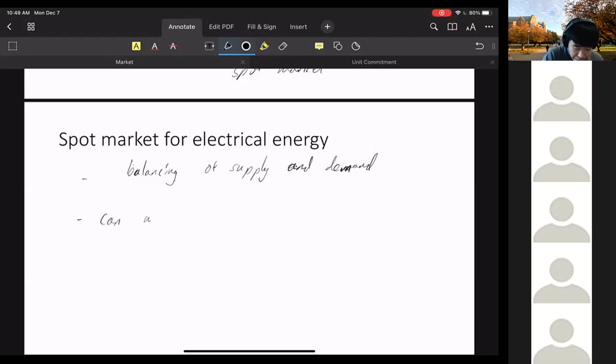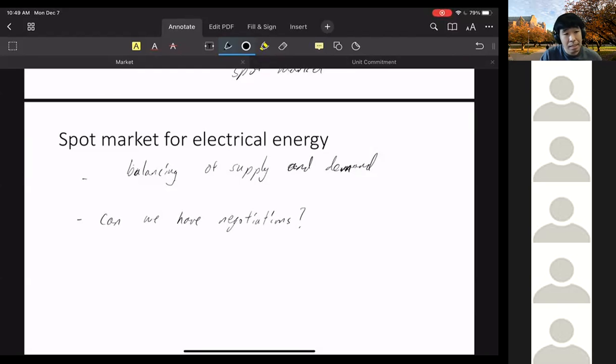And the question is, can we have negotiations? Normally when you think of the market, you think of negotiations. You think of shopping around for different buyers or shopping around for different suppliers.